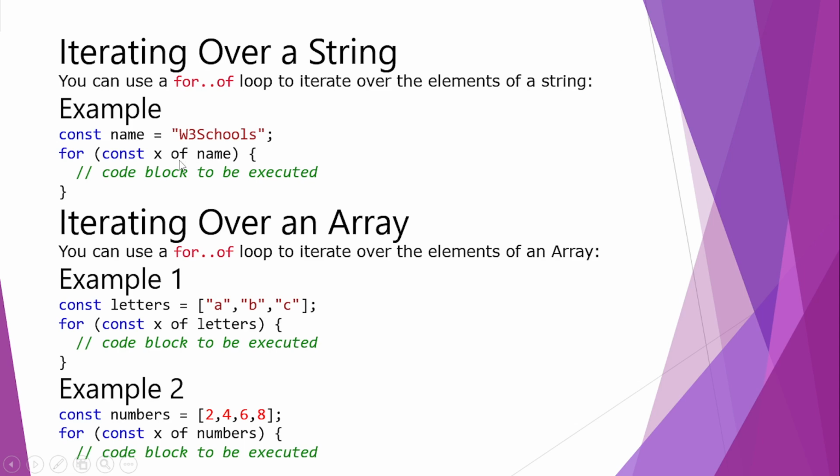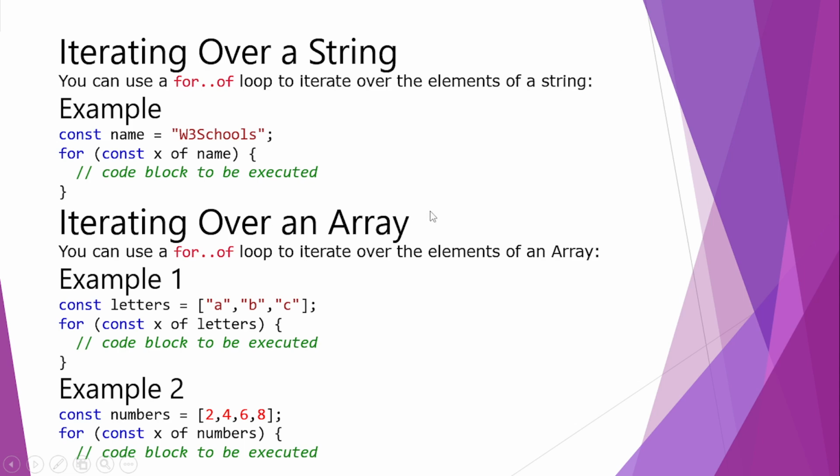We have to write of every time, and name is our object. Here we are using a string. This x is a variable. We can write x, y, z, whatever we want. And after that we write our code block to be executed in the open and close curly brackets.